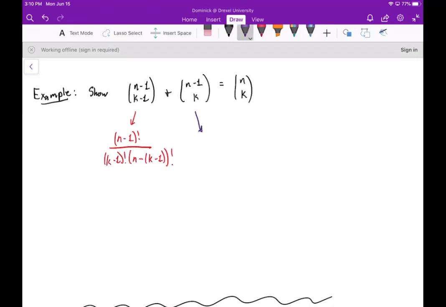Now this next part will be a plus: n minus 1 factorial over k factorial, and then an n minus k factorial.